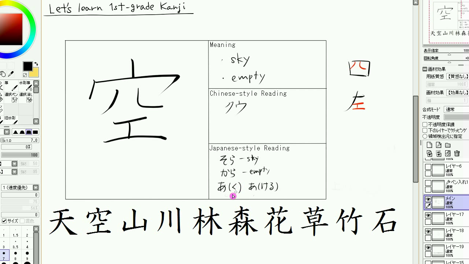Well, these parts with the bracket are the conjugational part we learned previously. Aku means a verb, to be vacant. Akeru means a verb, to make it vacant. They're rare. Other than that, we also use it as ana.